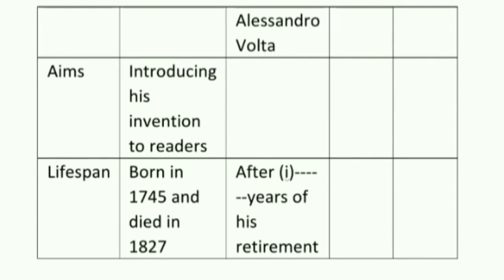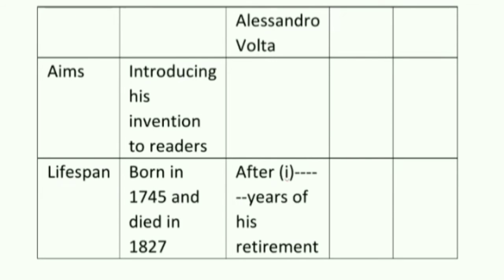Here is the question from the Joshua Board 2020. As we have learned the passage, here is the table. You have to give information here. First one, here is mentioned Ames introducing his invention to readers. Then lifespan.